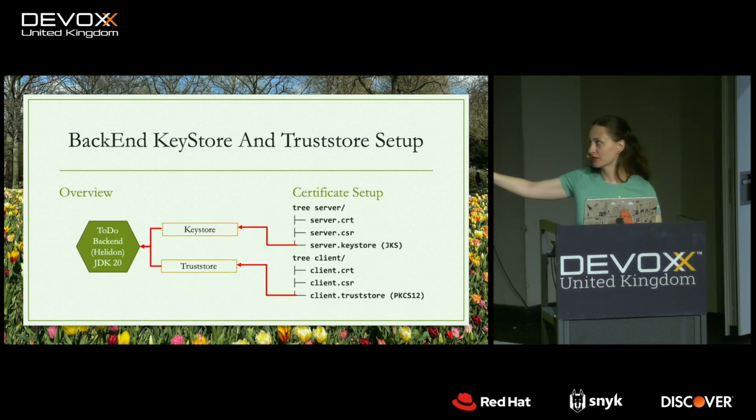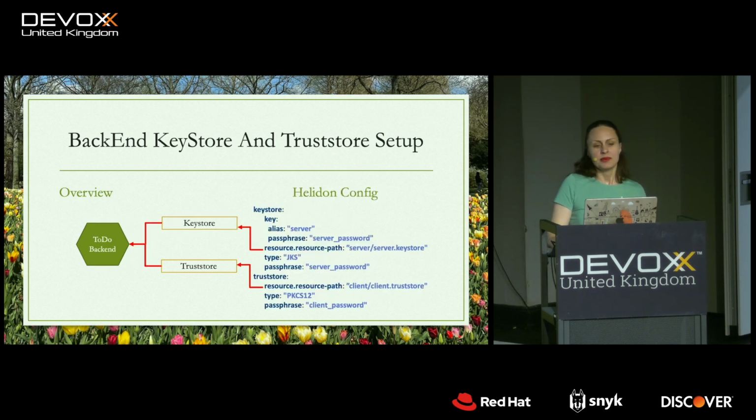Now, a similar setup for the backend with a server Keystore and the client TrustStore, because remember, we need both in the mutual TLS. And because my backend is in Helidon, I need to configure this in application.yaml. So it's a slightly different situation than in the case of my front end. In case of my Helidon config, if I'm working on local, I can use the class path.